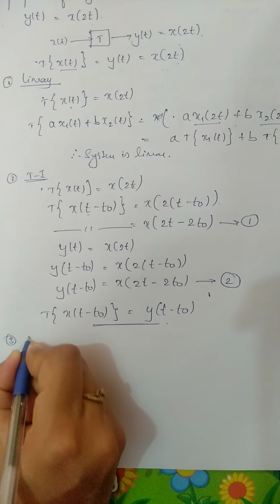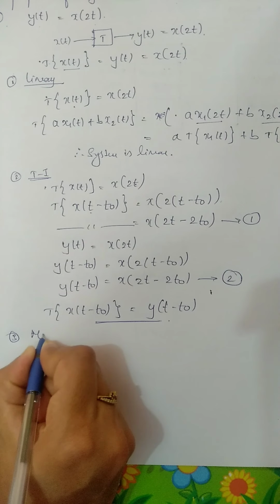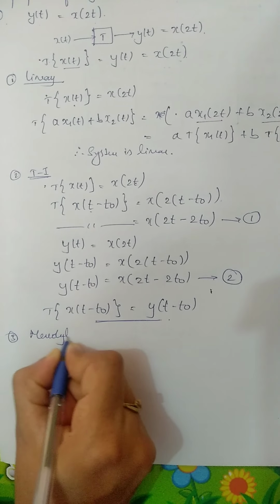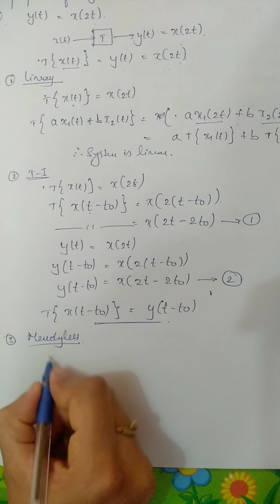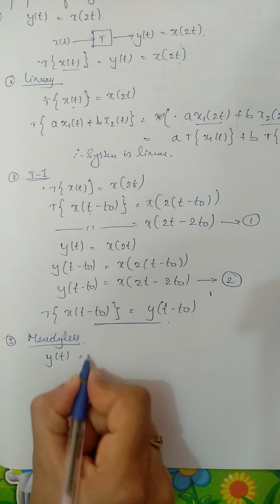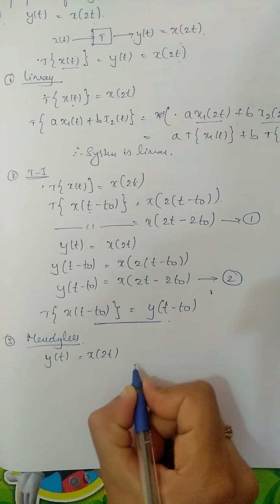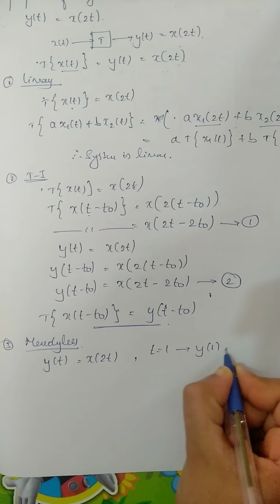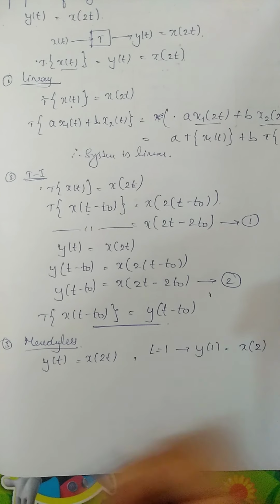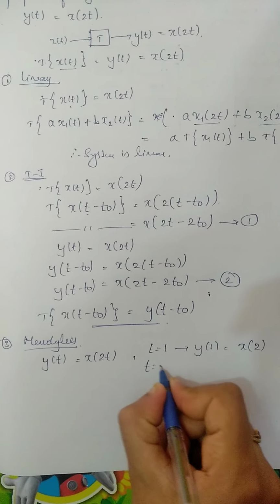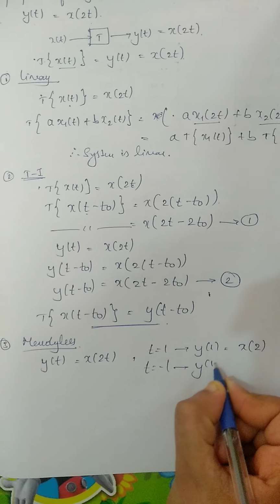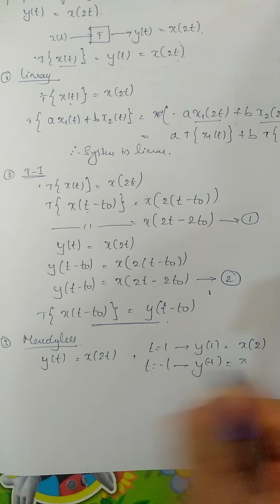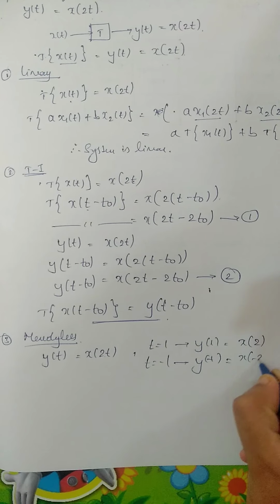Then the third property is we need to check memorylessness, whether the system has memory or is memoryless. See, this is y of t is equal to x of 2t. If I take t is equal to 1, what happens? y of 1 is equal to x of 2. If I take t is equal to minus 1, y of minus 1 is equal to x of 2 into minus 1, which is minus 2.